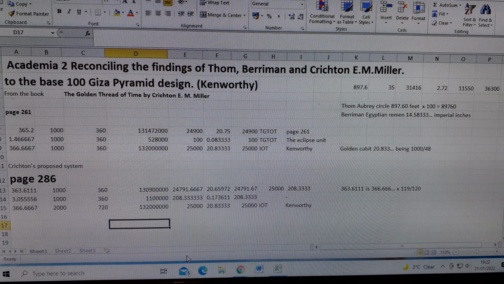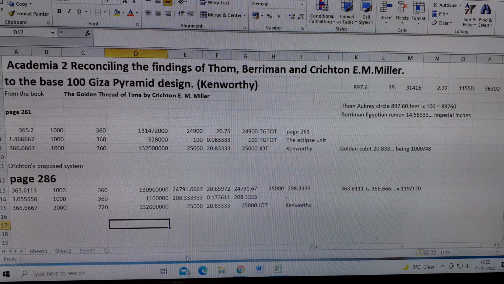Now, on page 261 of his book, Crichton makes a suggestion as to what these people were using for the equatorial circumference, and he suggests it was against a solar year of 365.2 days, and to work out the Earth's circumference against that you multiply it by 1,000 and then 360.